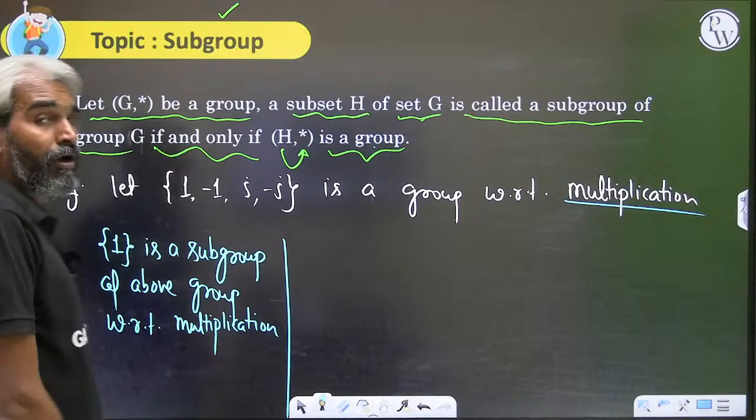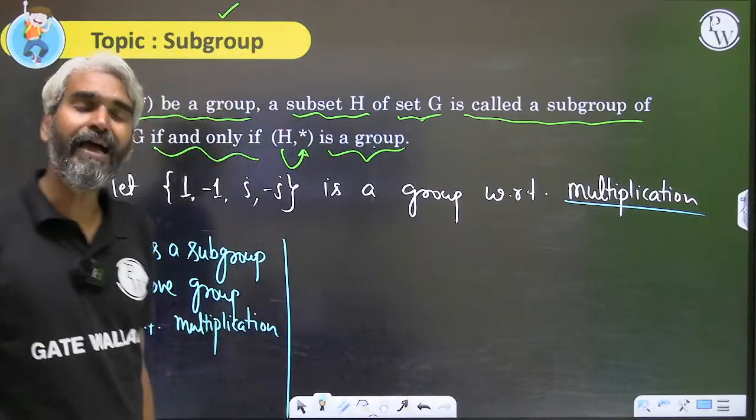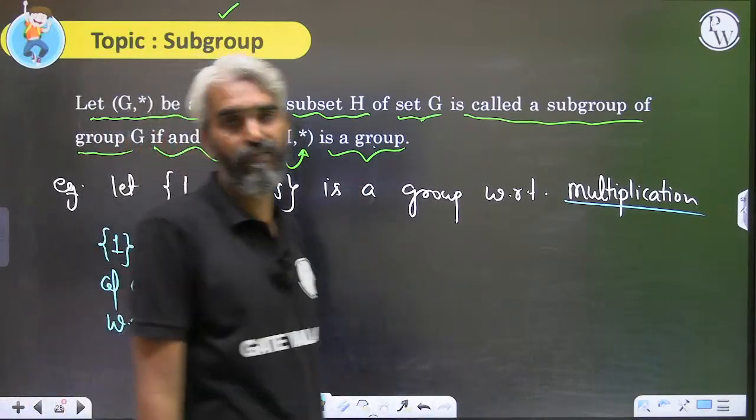Okay. Now, another property that we know is that every set is a subset of itself.